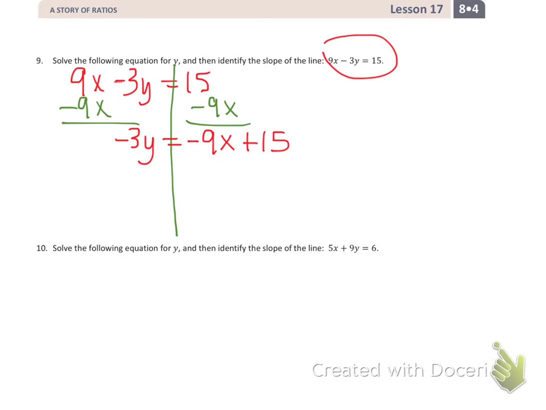All right, so what I want now is 1y, so I'm going to divide by negative 3, but this time I want to show you this a slightly different way. I'm going to multiply both sides of this by negative 1/3.